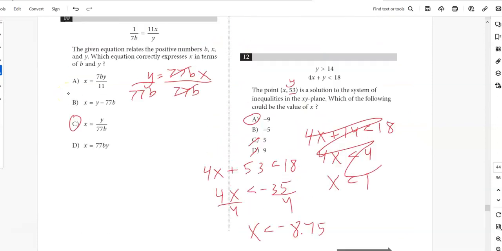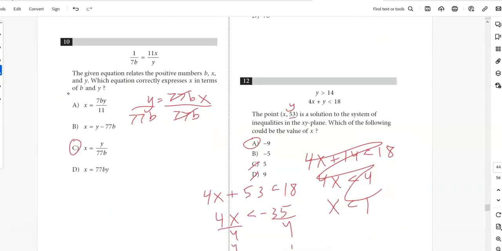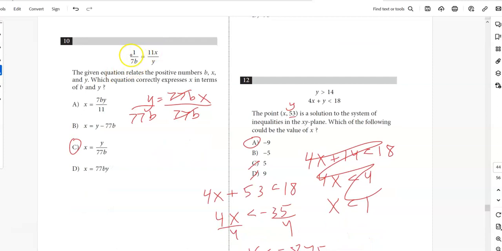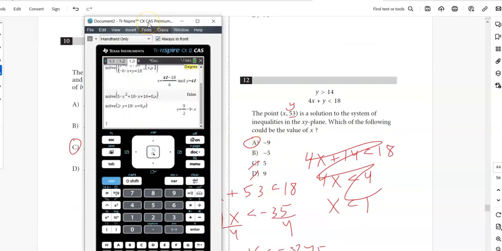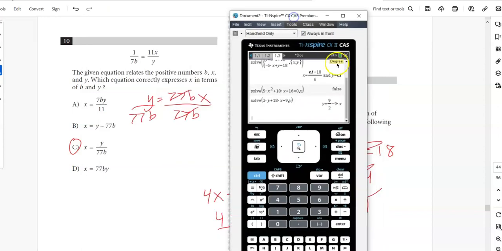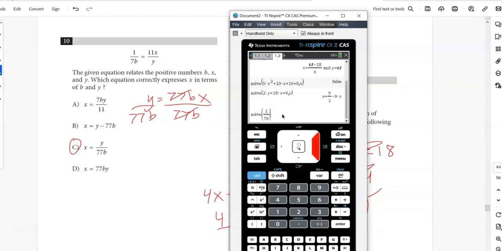Seems like there was another literal equation down here. So you could solve this one. So number 10, I think you could, if you wanted to, solve that. So you could go to solve, and then you type in the fraction 1 over 7b equals, control divide, 11x over y, comma, we're going to solve this guy for x.